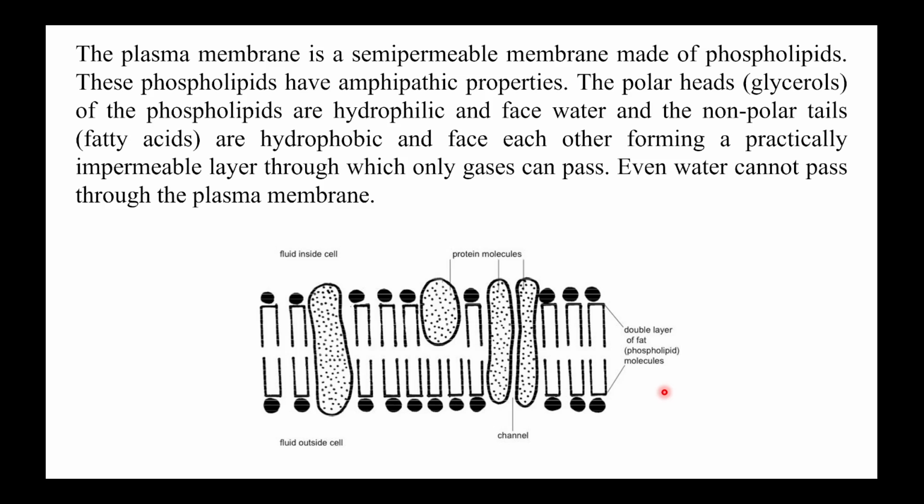Phospholipids have an amphipathic property. Amphipathic means one end of the molecule is polar and the other end is non-polar. So in these phospholipids we have a polar head group which is made of glycerol and a non-polar fatty acid chain which forms the tail of the phospholipid.